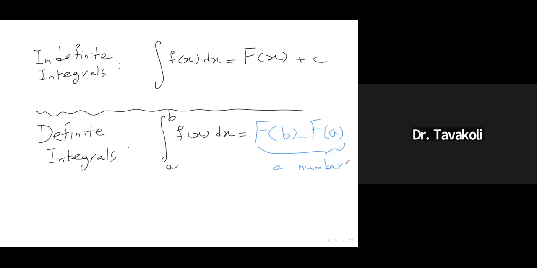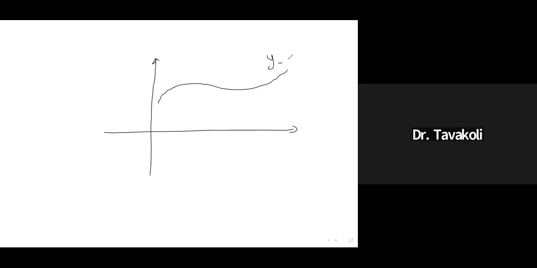As you might remember, one interpretation for this number, in the case that the function is a positive function, meaning that the graph of lowercase f of x is above the x-axis. So if I have a function like this, y equals f of x, assume that a is here and b is here.